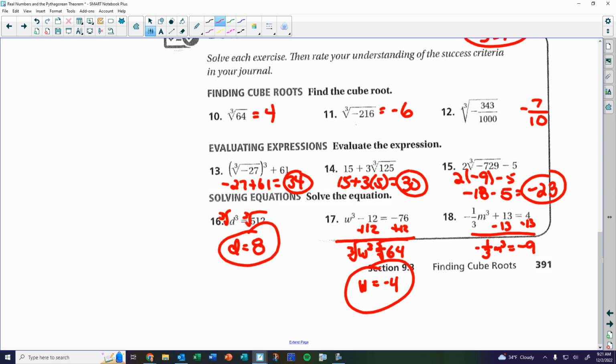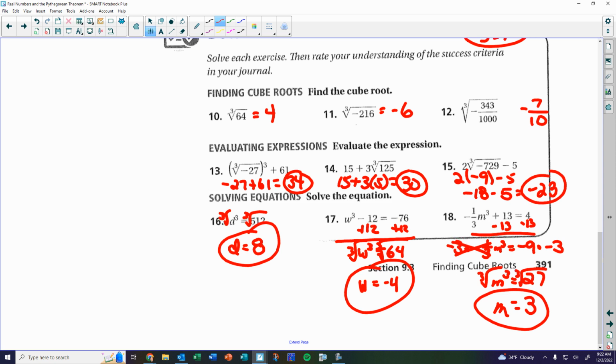Which is called the reciprocal, right? We multiply by the reciprocal, which means we take this negative 1/3 and flip it to negative 3 over 1, which is actually negative 3, right? So that crosses out to 1, leaving you just m to the 3rd. And negative 9 times negative 3 is 27. And now we are going to cube root both sides. And what is the cubic root of 27? 3.